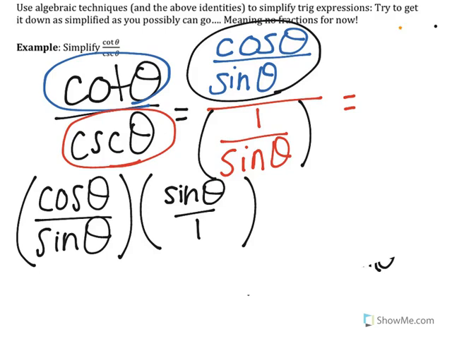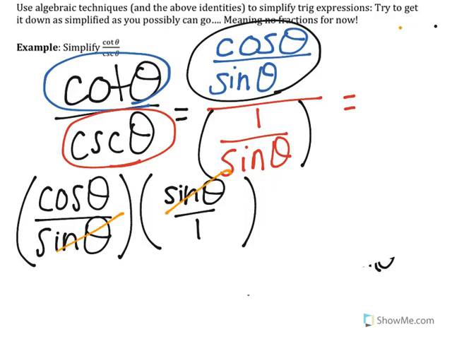If we were in class right now, I would ask you guys, what happens when we have, so now we're left with cosine times sine over sine times 1. If you notice, we have a sine in the numerator and in the denominator. Whenever you have the same thing on the top and bottom, what can you do?